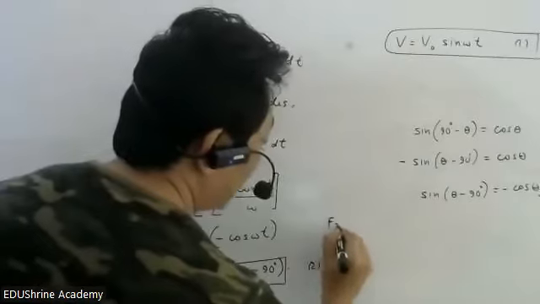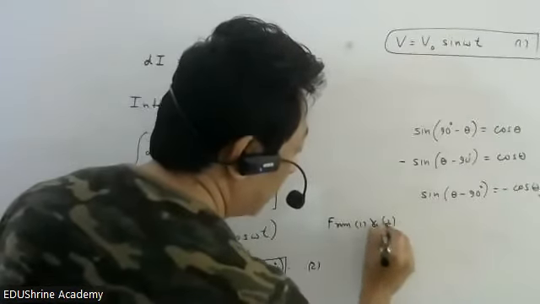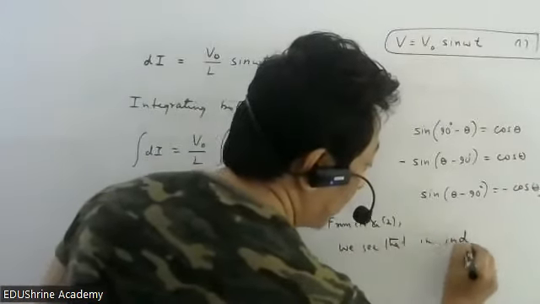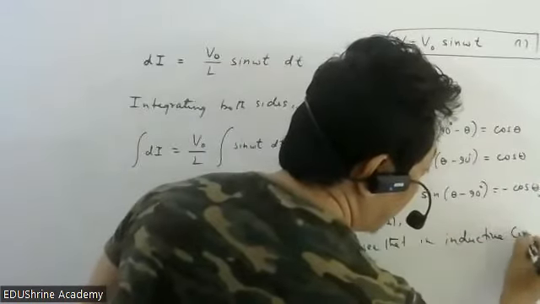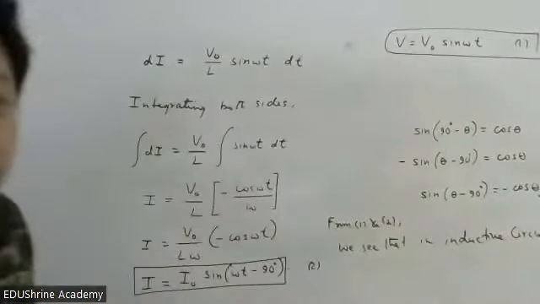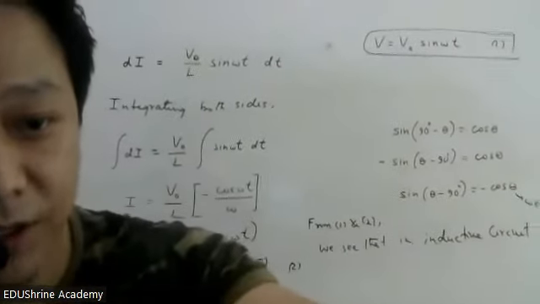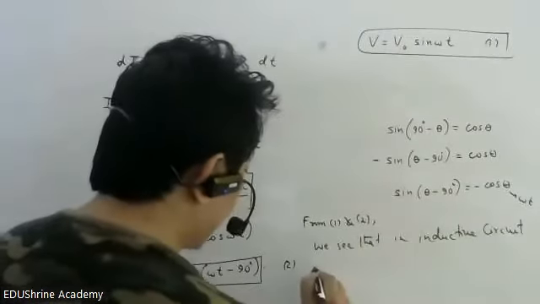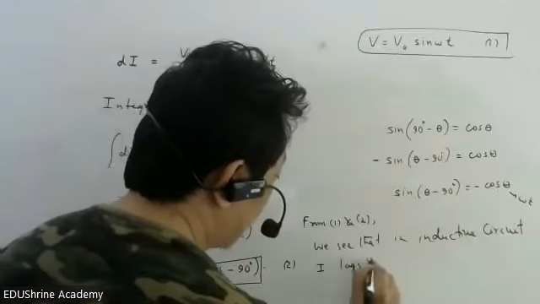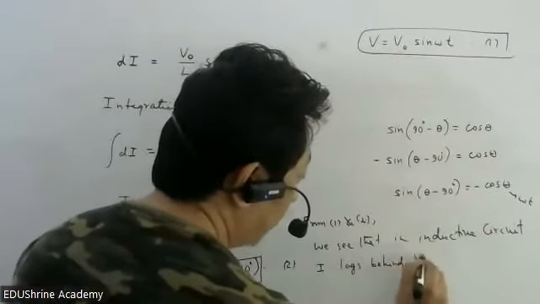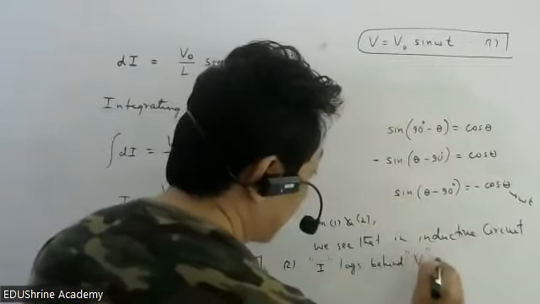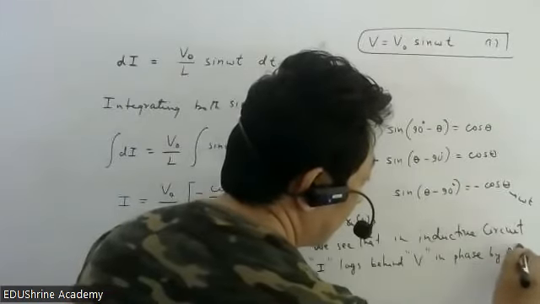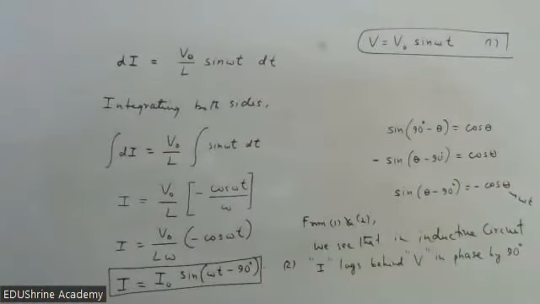So from 1 and 2, we see that in inductive circuit, not resistive, not capacitive, in inductive circuit, which has inductor only, current lags behind voltage in phase by 90 degree.